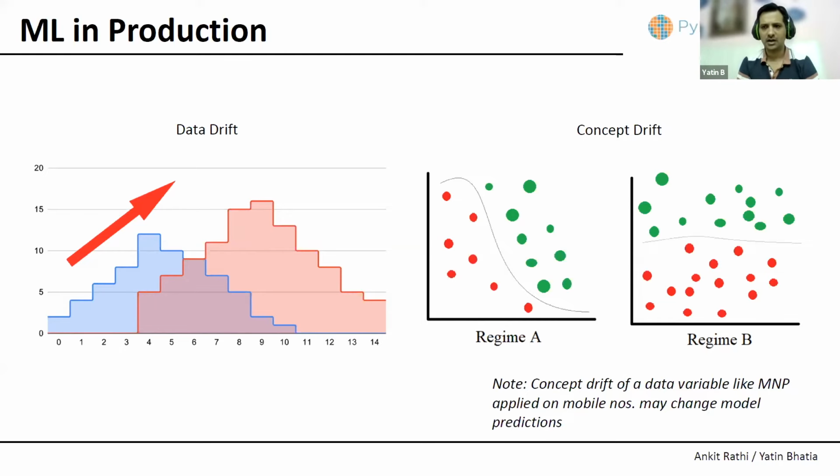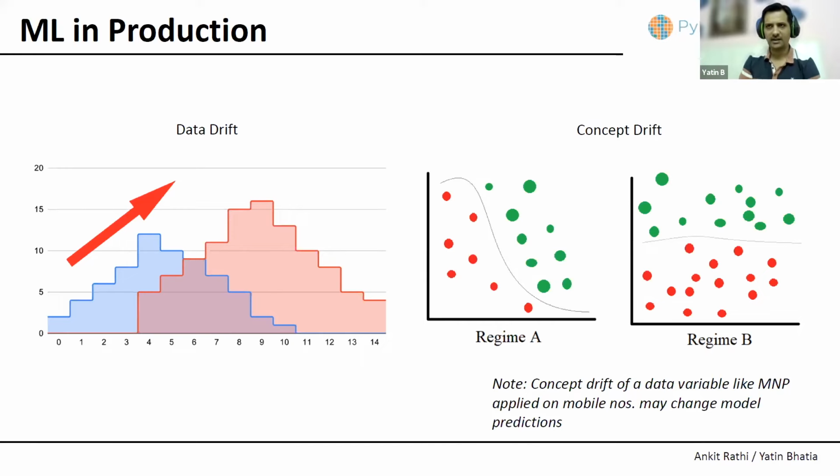Another example, I have written a short note here. Suppose the concept of a data variable like mobile number has changed. Previously I had a mobile number in my tabular data, and from that mobile number I was able to compute the telecom operator. But now the concept has changed: mobile number portability has been introduced in that particular region or country. Previously I could get the operator through some mechanism.